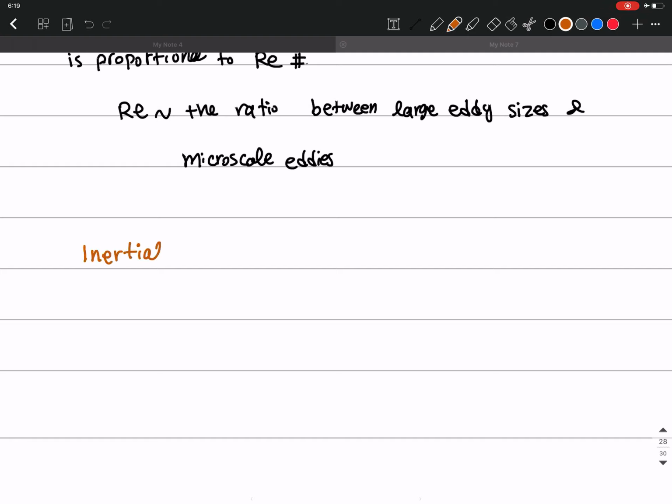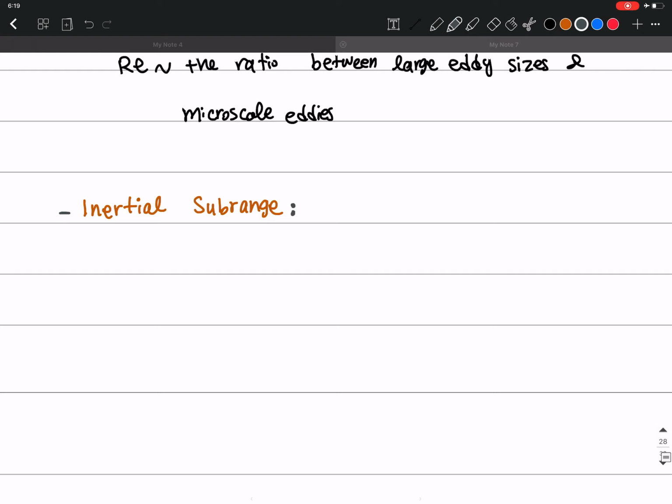Inertial subrange. So let's look at what the important parameters or variables are in the inertial subrange.